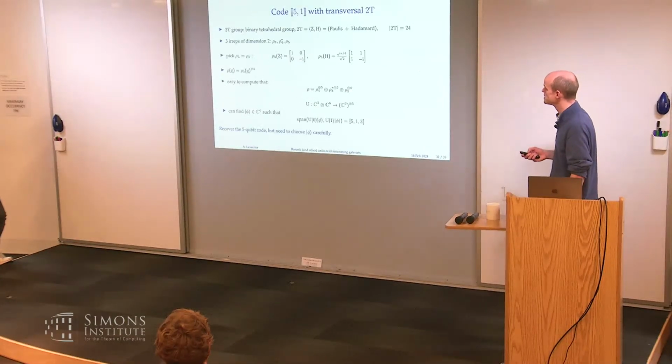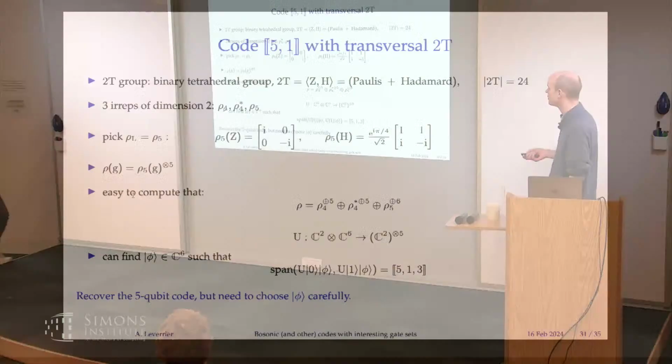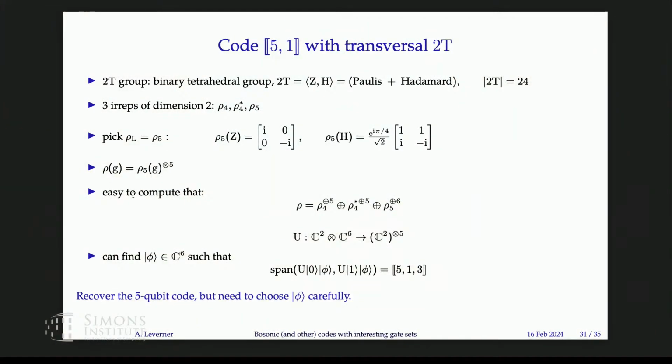I was saying that for the 5-qubit code, there's a canonical way to choose phi, and the reason is this. The multiplicity space of the 2T group for this rep is C6, it has dimension 6.